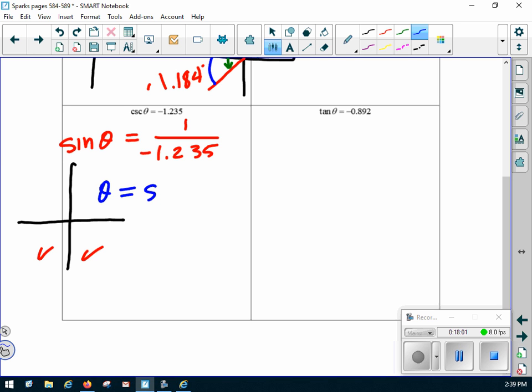So theta is, and I want you to write this step down, sine inverse of, and we'll go start finding theta. You're faster than I am. 1.235. Negative 54. Got a problem.